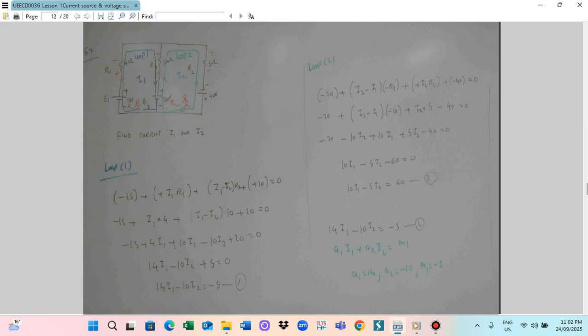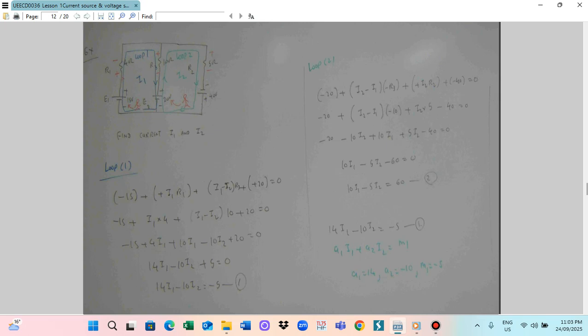Then when you solve this one, this will be minus 20 plus I2 minus I1. So minus R3 means minus 10, plus I2 R2. R2 is the 5, minus 40 equal to 0.